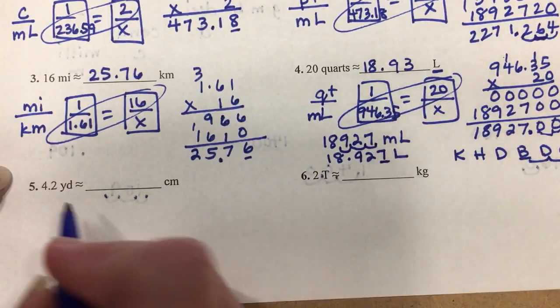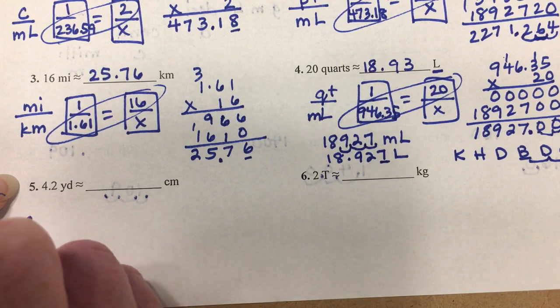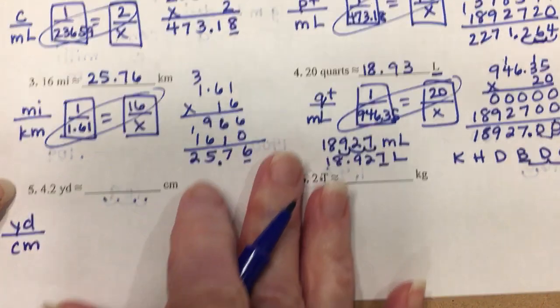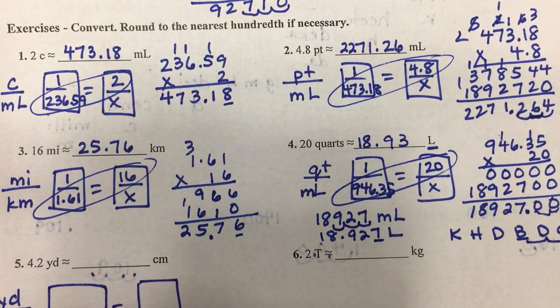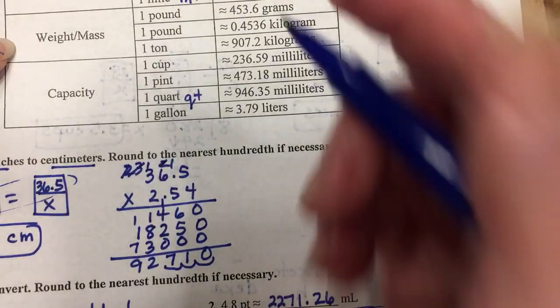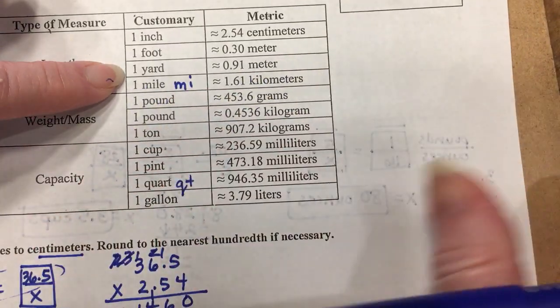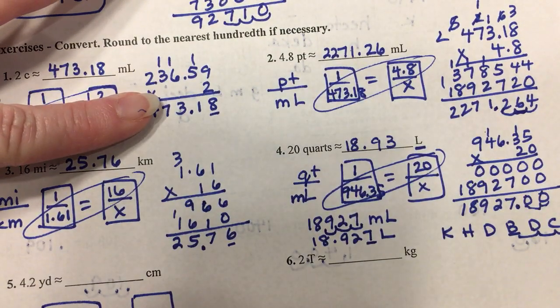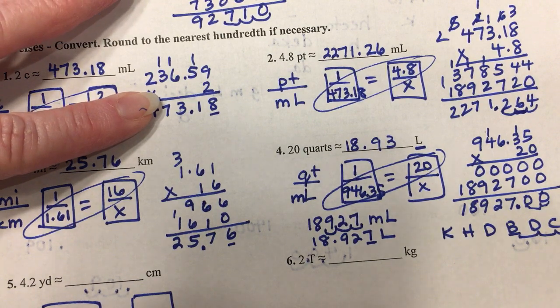All right, on number 5, 4.2 yards into centimeters. Starting with yards, changing to centimeters. So here, when I look for yards to centimeters, I only have yards to meters, so I need to start there first. 1 yard is 0.91 meters, right?